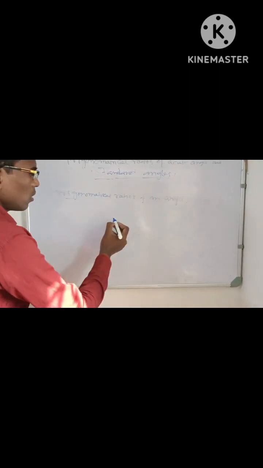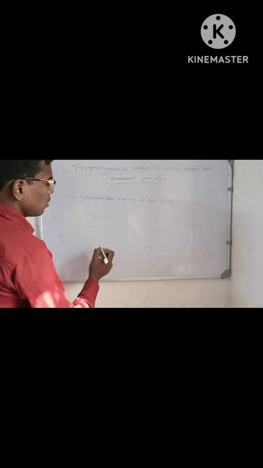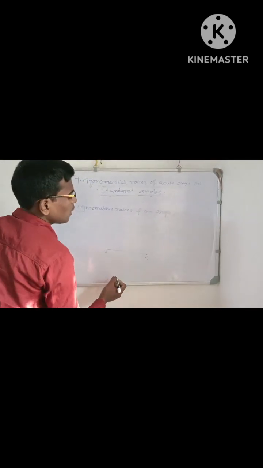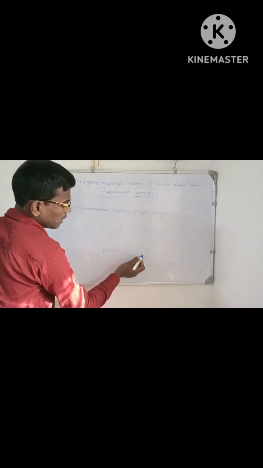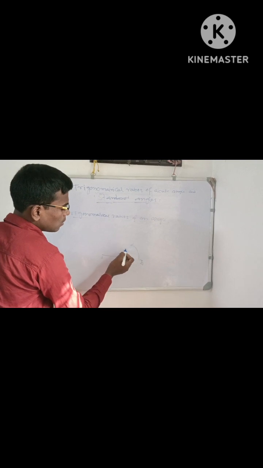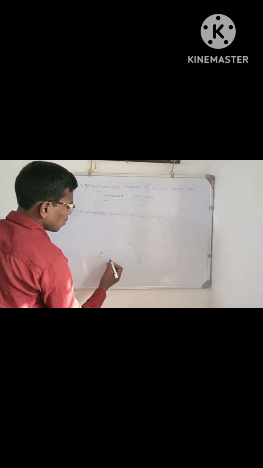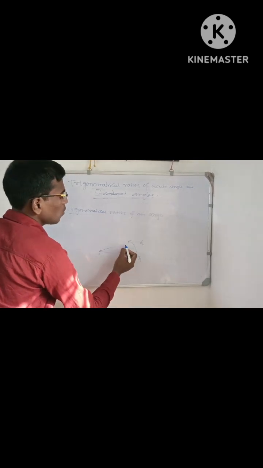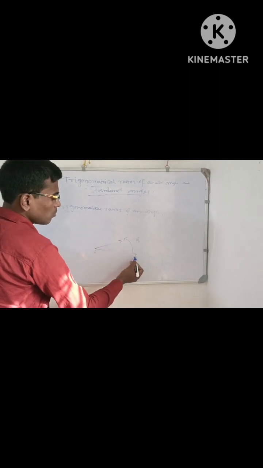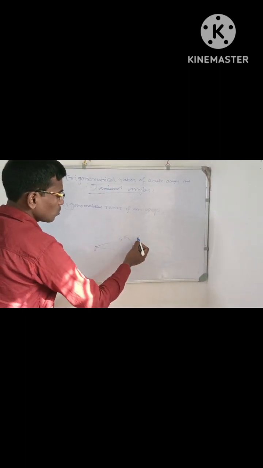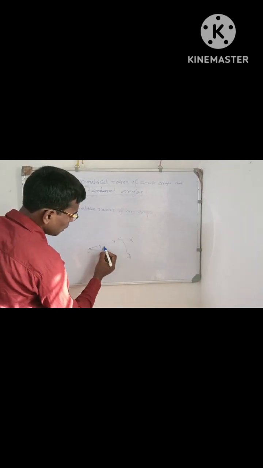Suppose a moving line OA is rotating in the anti-clockwise direction, and it goes from its initial position to, suppose, OB. These two line segments make an angle theta.